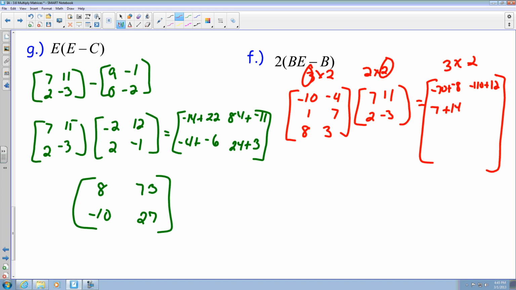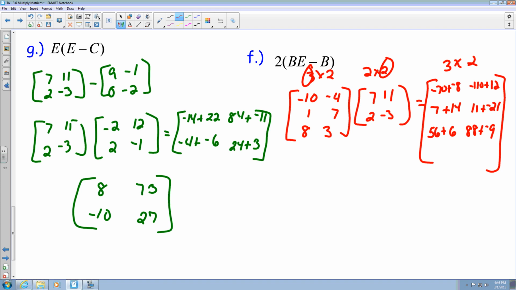Row 2, column 2, which gives me 11 plus a negative 21. Next one is row 3, column 1, so that's going to be 56 plus 6. Row 3, column 2 gives me 88 plus a negative 9.